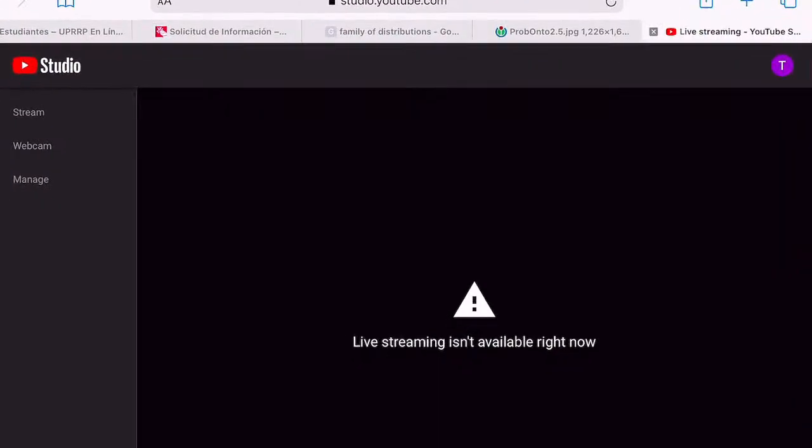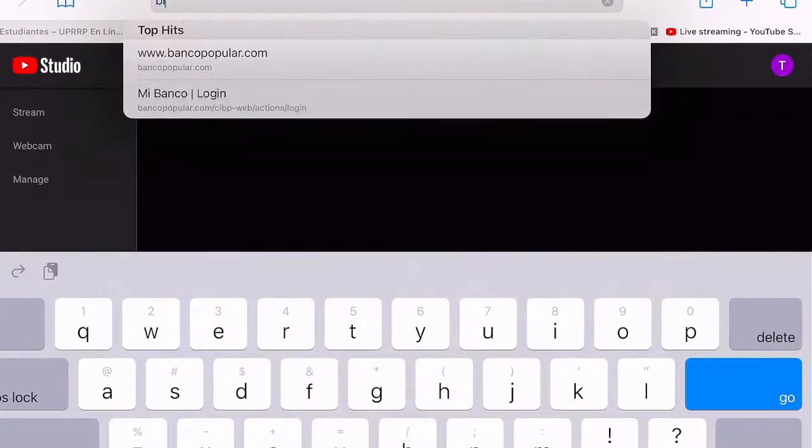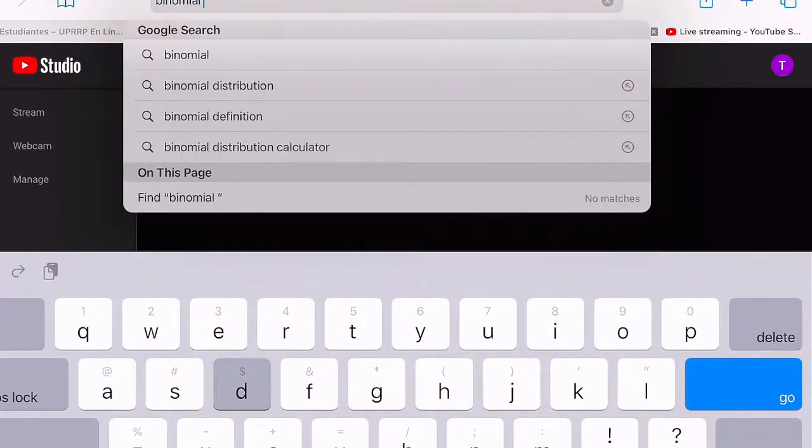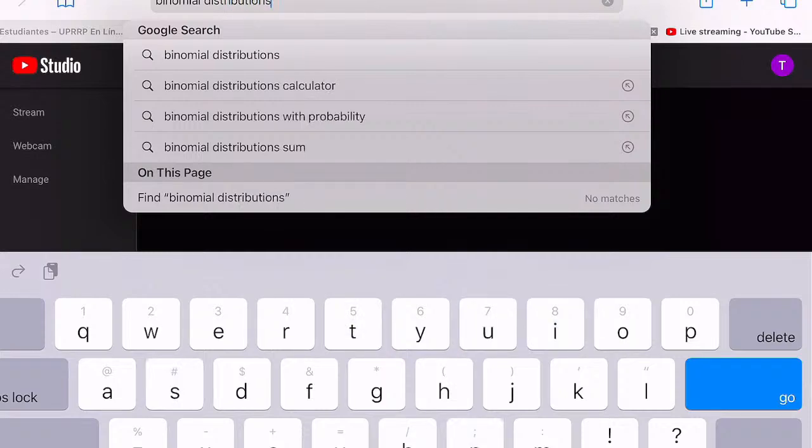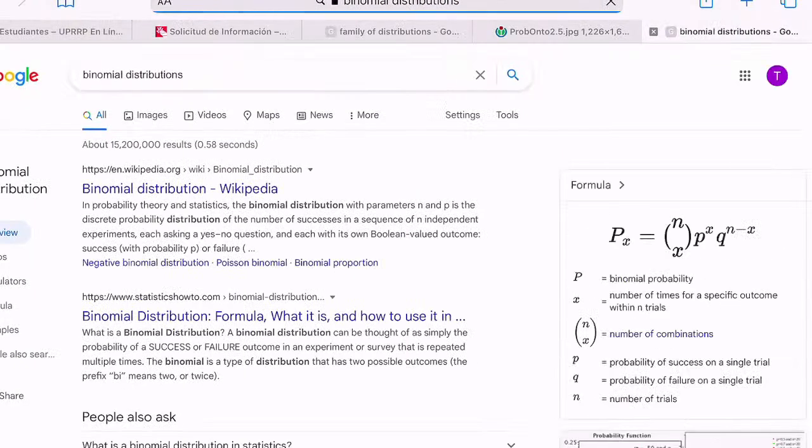I'm going to show you something. So will binomial distributions always be symmetric?